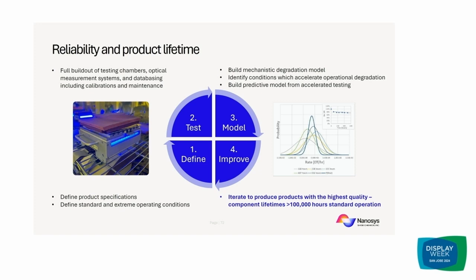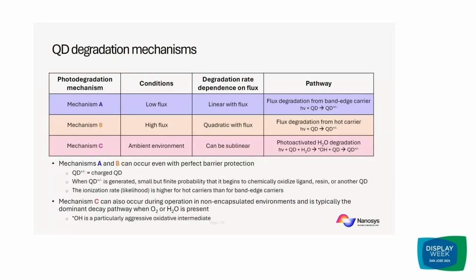And this happens as a function of looking at these different operating conditions, seeing what happens functionally to the degradation, building these predictive models. And all of this would happen iteratively to be able to produce products that have the absolute highest quality lifetimes. So this is something that's very fundamental to the work that we do. We really care about what types of mechanisms of degradation happen in our materials. So that's something I wanted to touch on next.